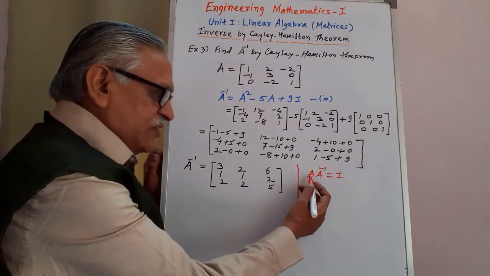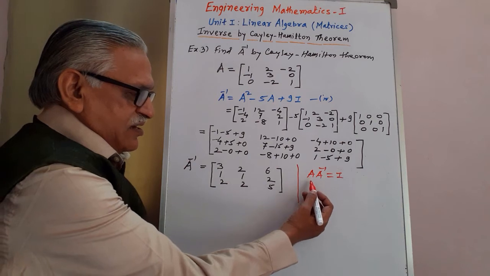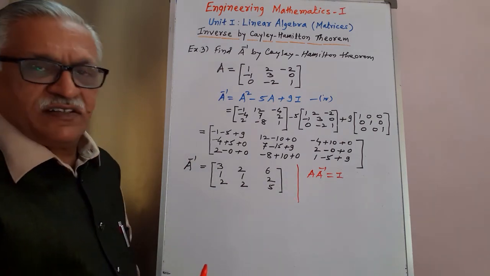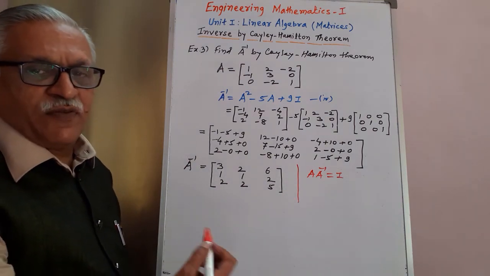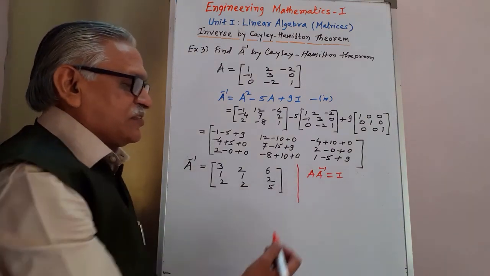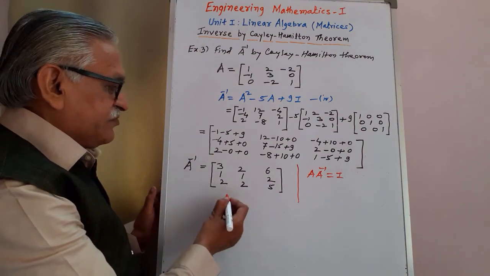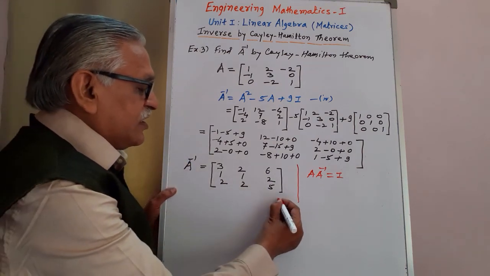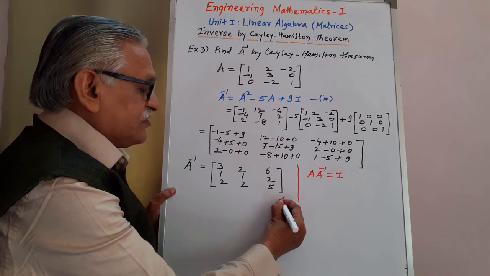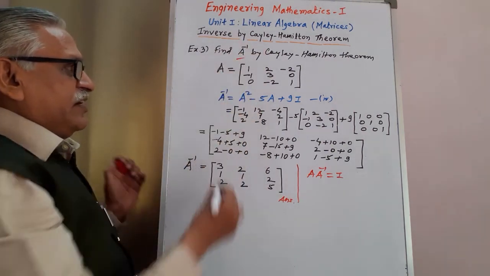Therefore, do it yourself in your notebook. Hardly it will take 2 to 3 minutes to perform this matrix multiplication of A into A inverse. Therefore, check it. This is the required A inverse, the answer for the first part.